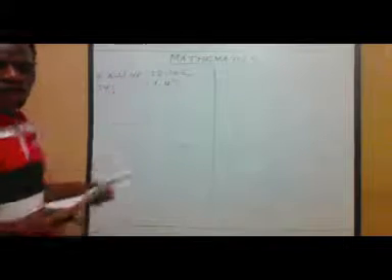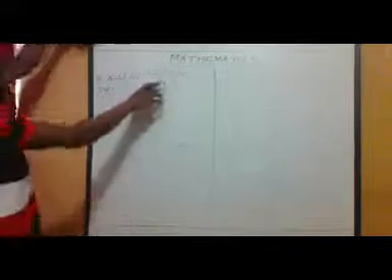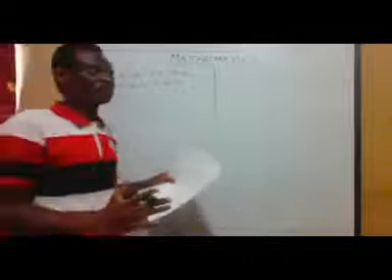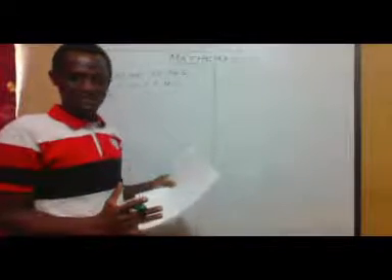I want to add the decimal numbers together. Solution to this: when you are adding decimal numbers, make sure that the decimal points lie in the same line, vertically aligned together. Let's see what I mean by that.